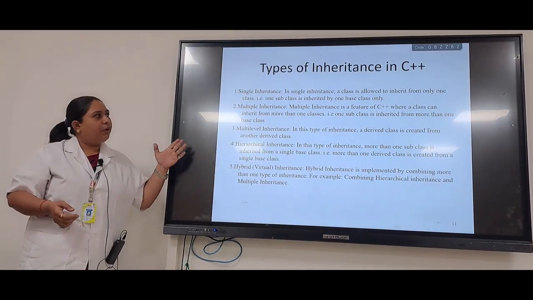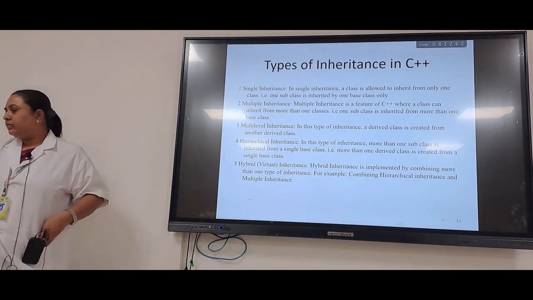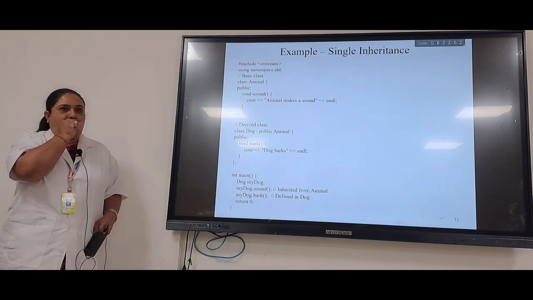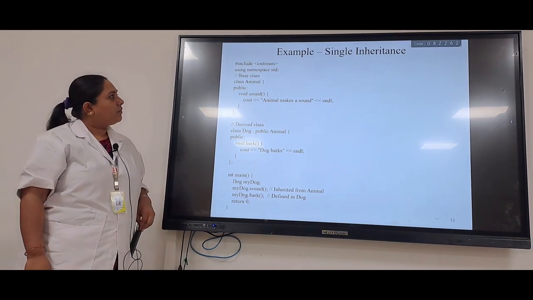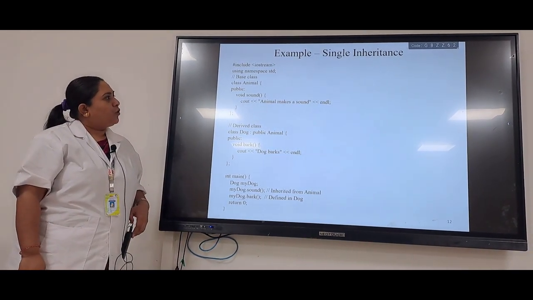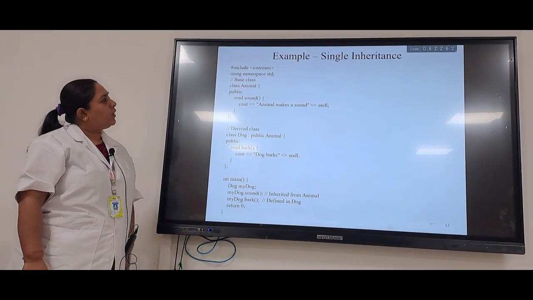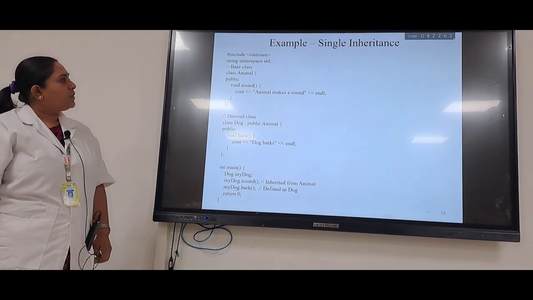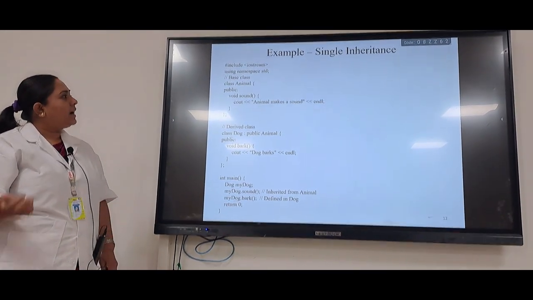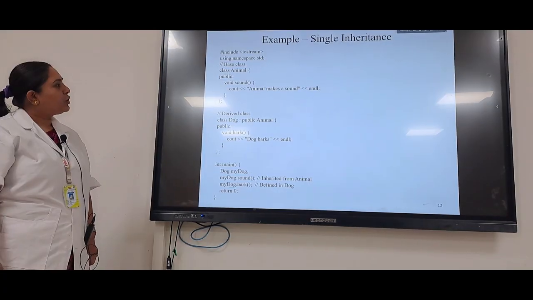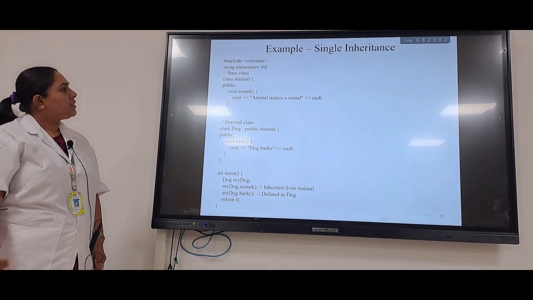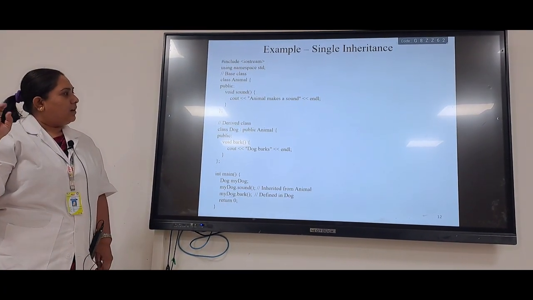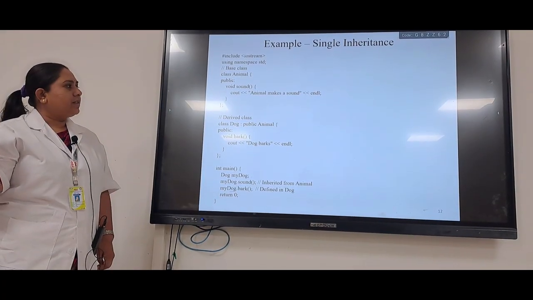Let us take an example for each one of these. For single inheritance, we have a simple program here. We have a base class with the name animal, and in that I have defined a member function sound, which is displaying a sentence, animal makes a sound.